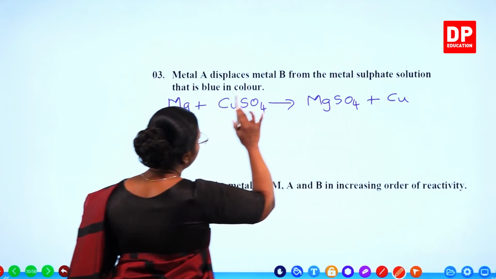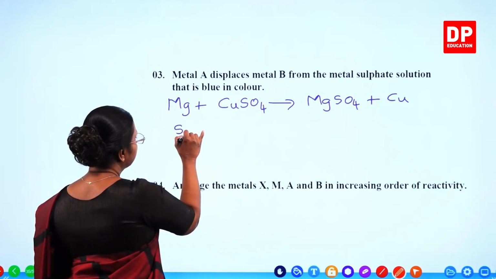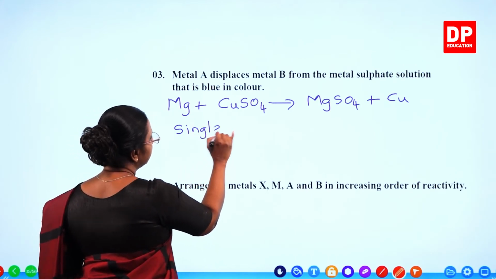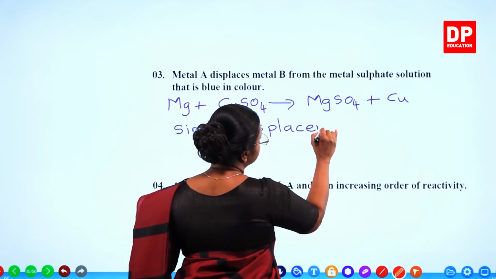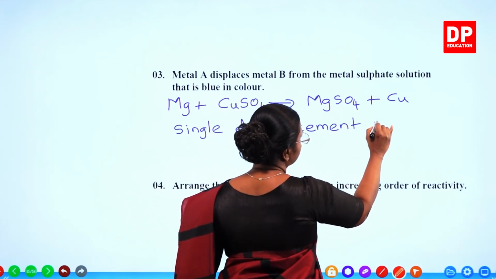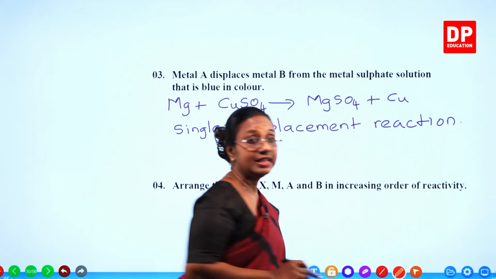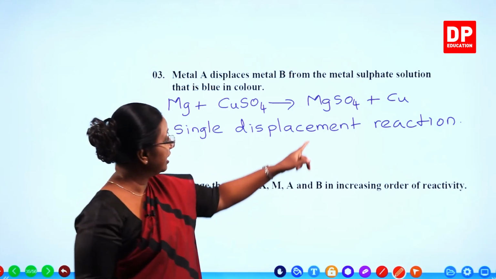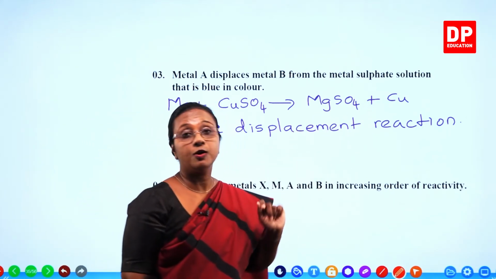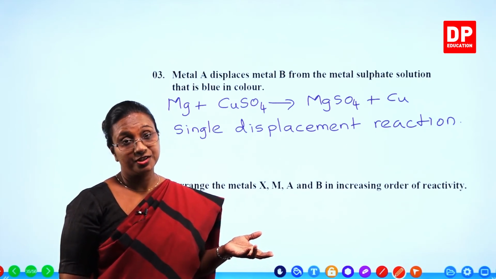Magnesium displaces copper, forming magnesium sulfate. So it's going to be a single displacement reaction. Is that clear, students? If you want, you can write with zinc also. Then you will get zinc sulfate and copper there. That is also a single displacement reaction.